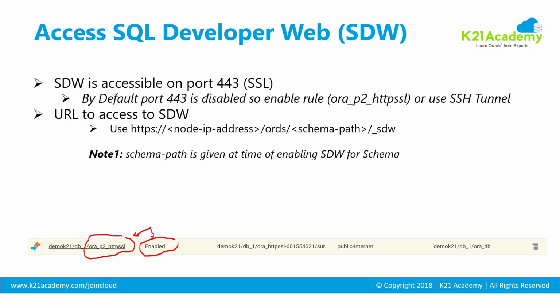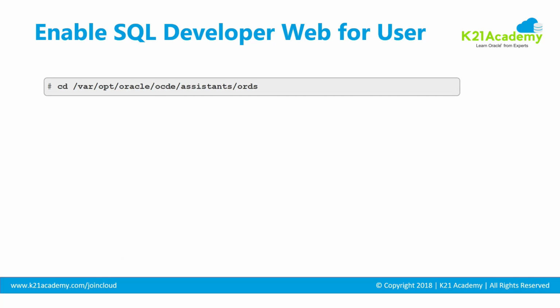The schema path is given at the time of enabling SDW, or SQL Developer Web, for a schema, and we'll see that in a minute. Now, if you're running the 12c version of the database, you get PDB admin as a user, and the schema path for that is going to be the name of the PDB and then /pdbadmin.